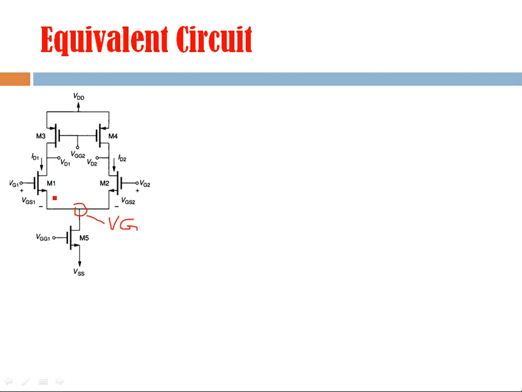Means here if current is increasing, here the current is decreasing by the same amount. So because of this symmetry, this terminal is always considered as virtual ground, and all the voltages above this point are measured with respect to this. And this voltage here remains fixed, it doesn't change, because ISS remains fixed, so this point's voltage never changes. That's why it is considered virtual ground, and the same concept we will use here to draw the equivalent circuit for this.